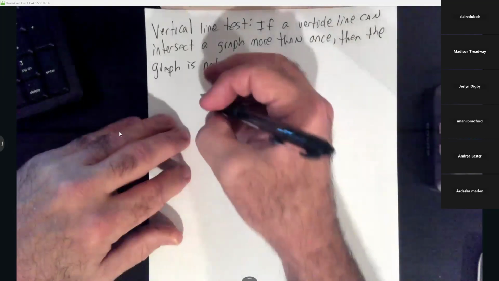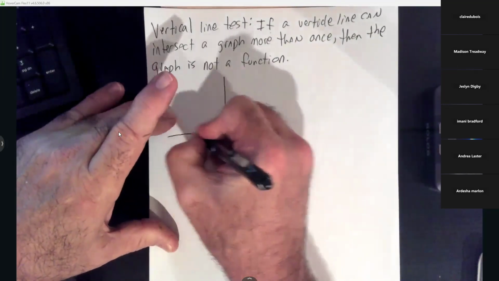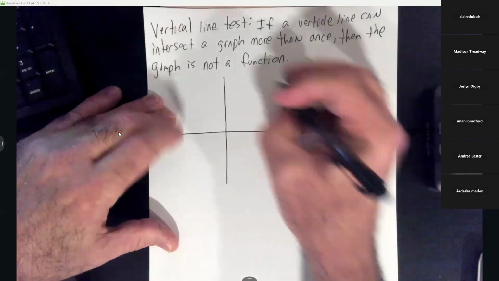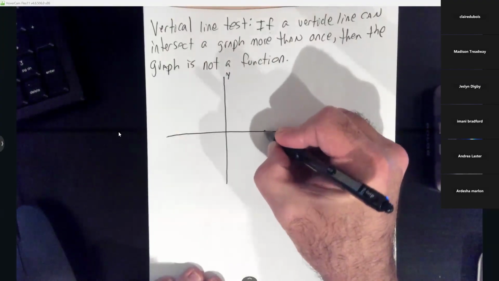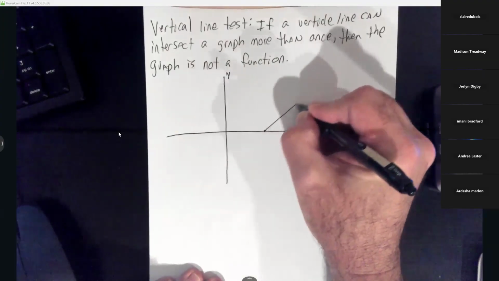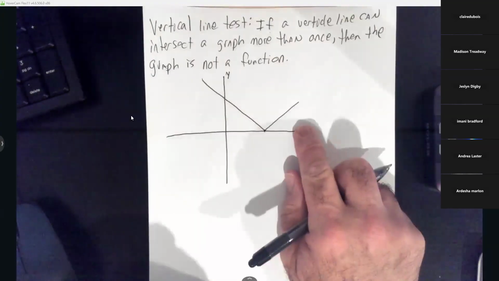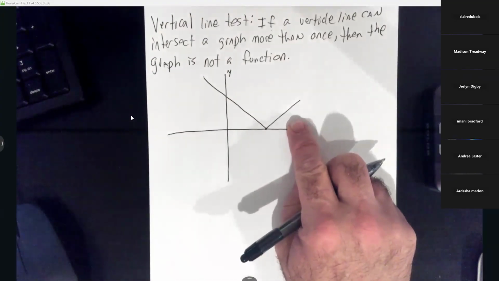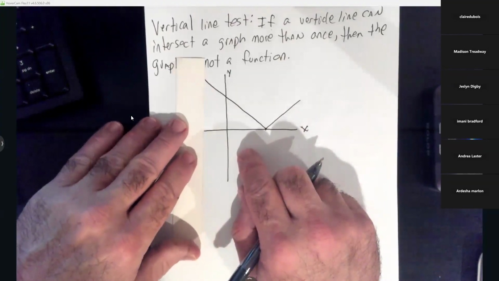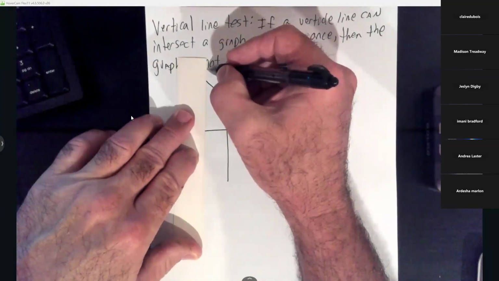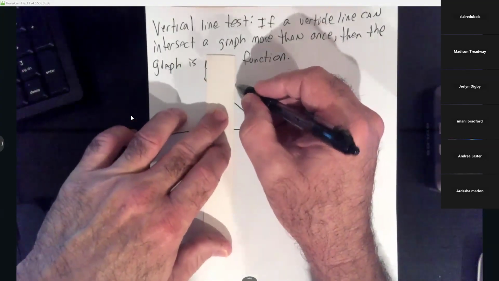All righty, so let me show you what I mean. So we did some absolute value graphs a while ago. Remember, the absolute value graphs look like a V, right? So let's see if this is a function. So y'all, here comes my vertical lines. So if I had a vertical line here, it don't matter where.